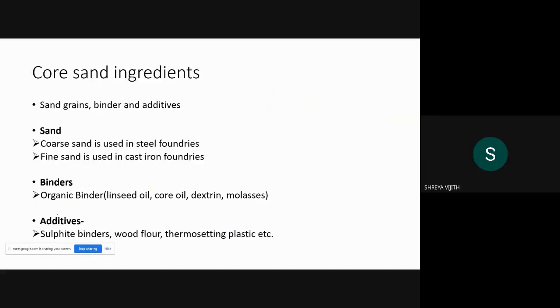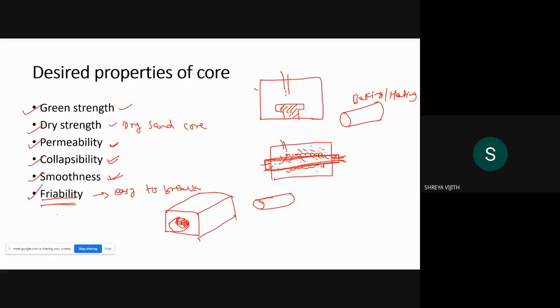Sir, what is the difference between friability and collapsibility? Both are breakdown. It will produce cracks in itself, and it will not restrict the solidification of the molten metal we are pouring. While solidifying, it will contract, so the core will crack.